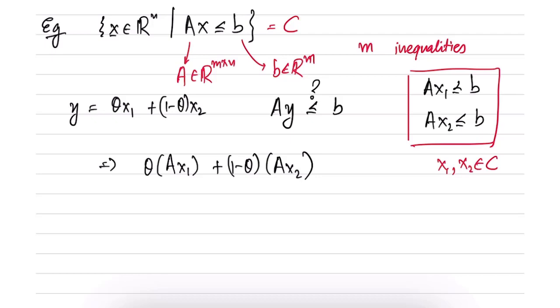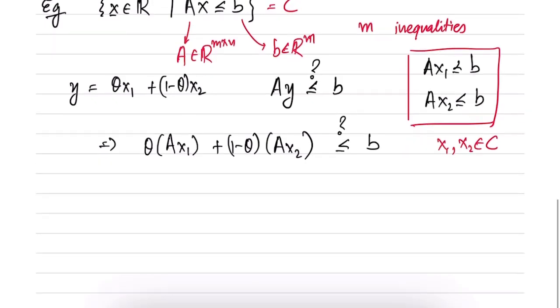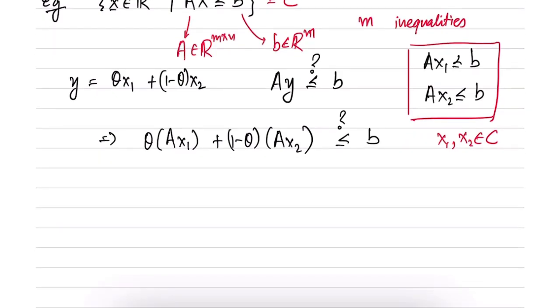Now what can we say about this quantity? What can we say about theta times ax1? Essentially the question is whether this quantity is less than b or not. In general, when ax1 is less than equal to b, this does not imply that theta times ax1 is less than equal to theta times b.